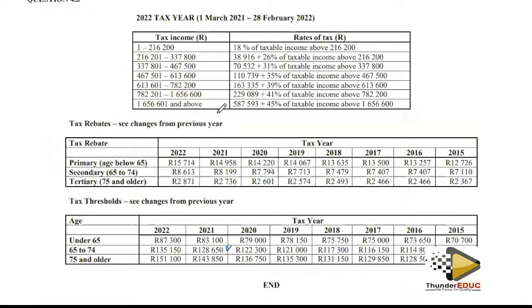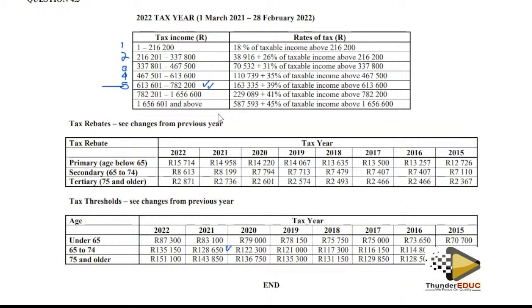So 663,000 is in this bracket here. Let's count: 1, 2, 3, 4, 5. So it's in bracket number 5.